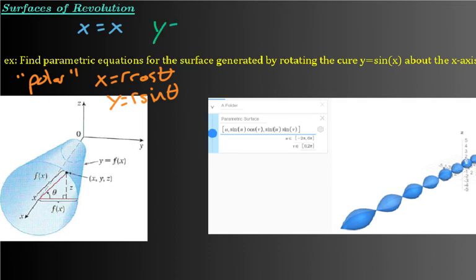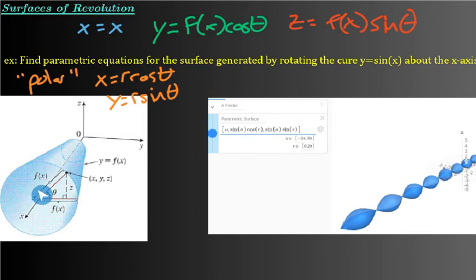So I can let y, which really acts as a horizontal distance in this perspective, be f of x cos theta, and then z can be f of x sine theta. The z is just based on the triangle: f of x is my radius, and sine of theta is z over f of x, and so you just solve for z.